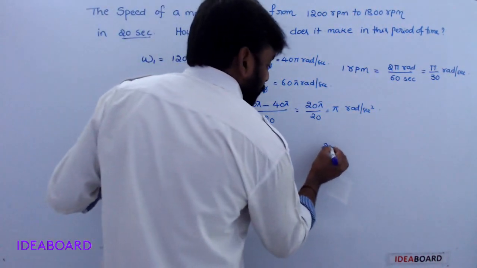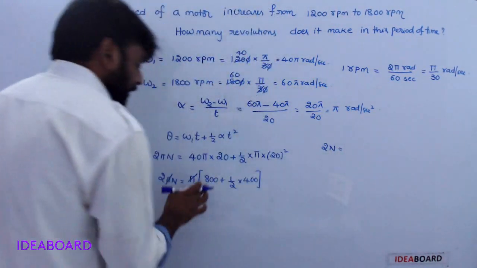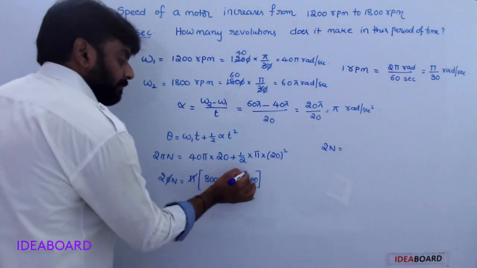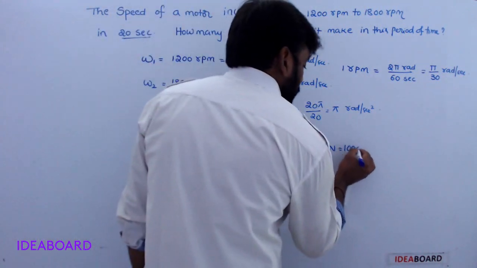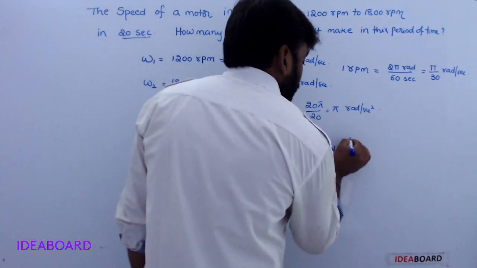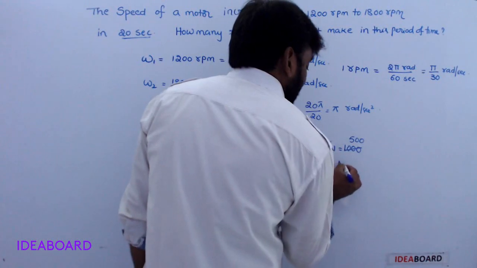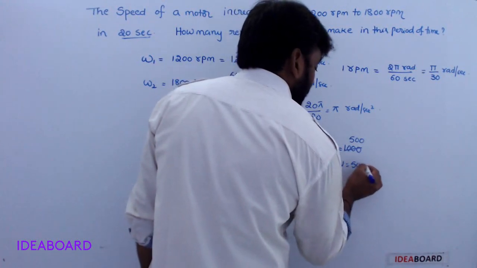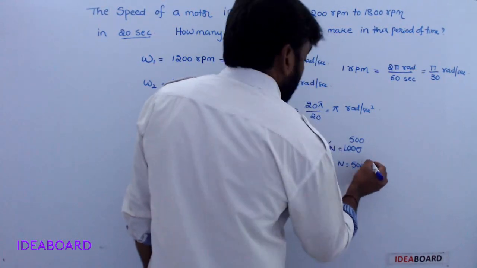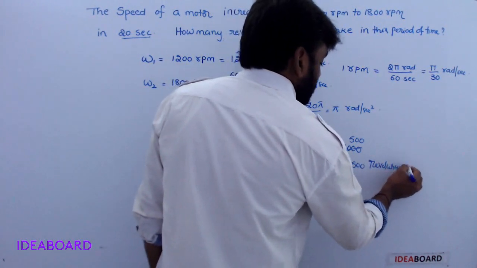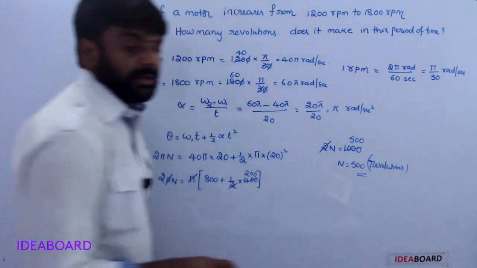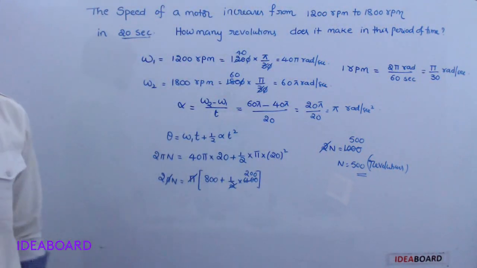Now 2n is equal to 800 plus 200, that is 1000. N is equal to 500. The number of revolutions is 500.